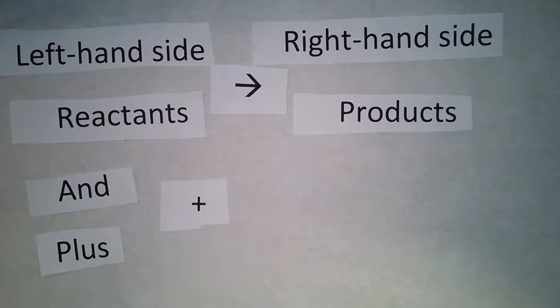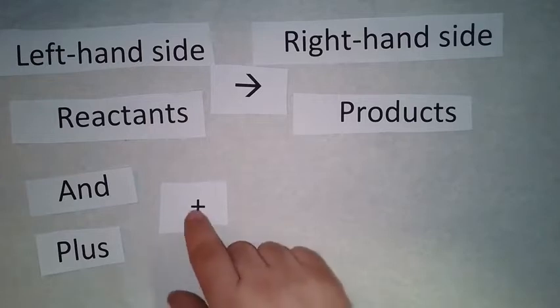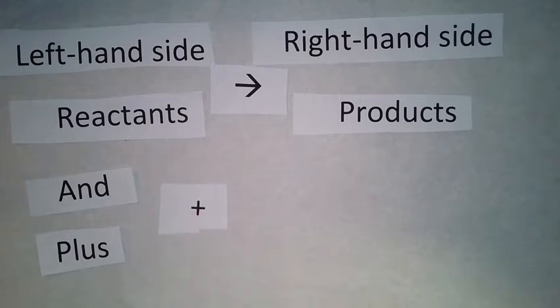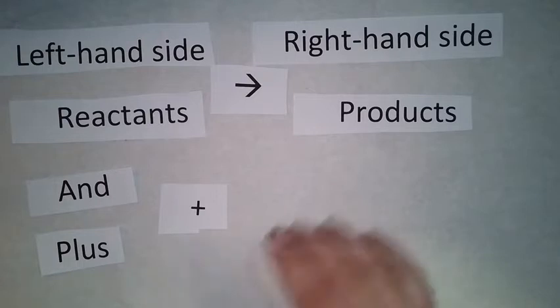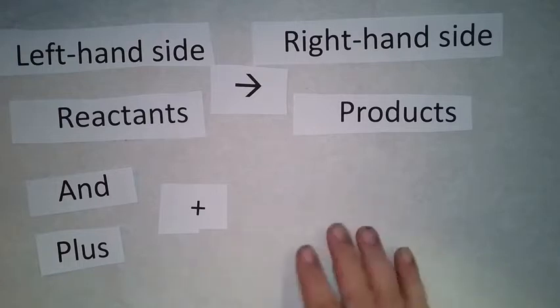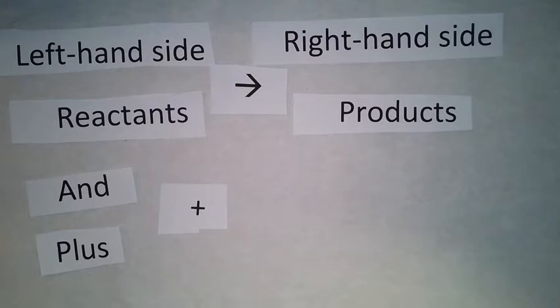If I say reactant A and reactant B, the "and" indicates a plus symbol. I might say we produce product C and product D. That would indicate products. So "and" and "plus" could be used on both sides.